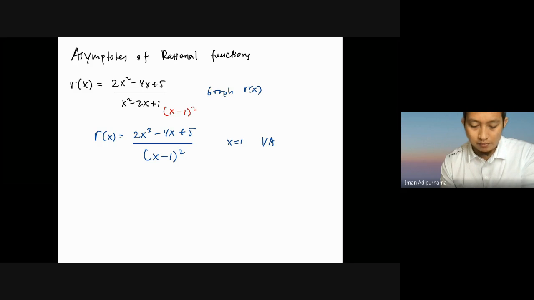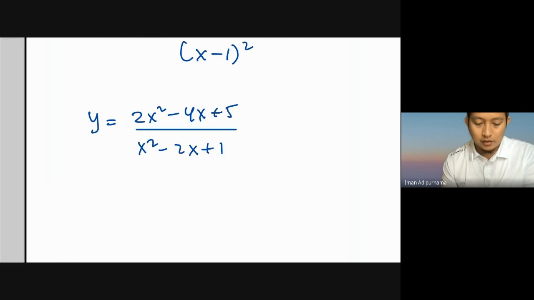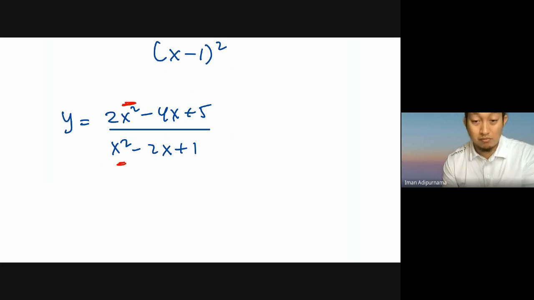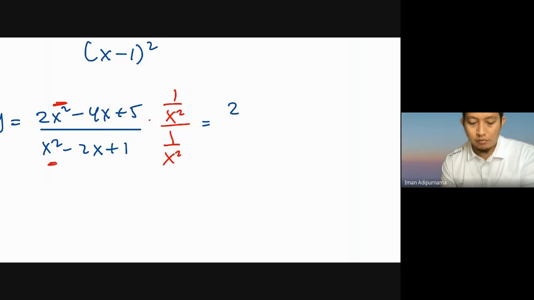And then we can have the expressions. Similar to limits, when we have this, you know that it has the same degree too. So let's multiply by 1 over x squared, top and bottom. This will be 2 minus 4 over x plus 5 over x squared, over 1 minus 2 over x plus 1 over x squared.